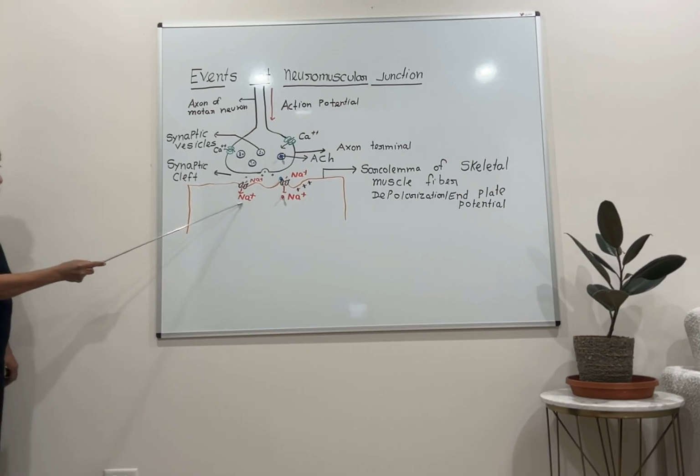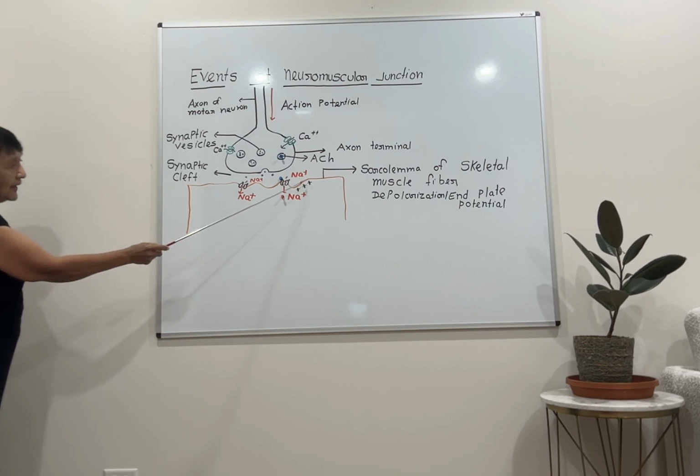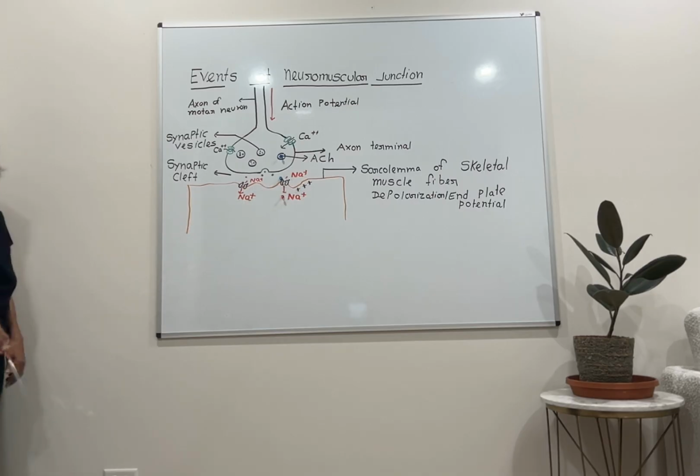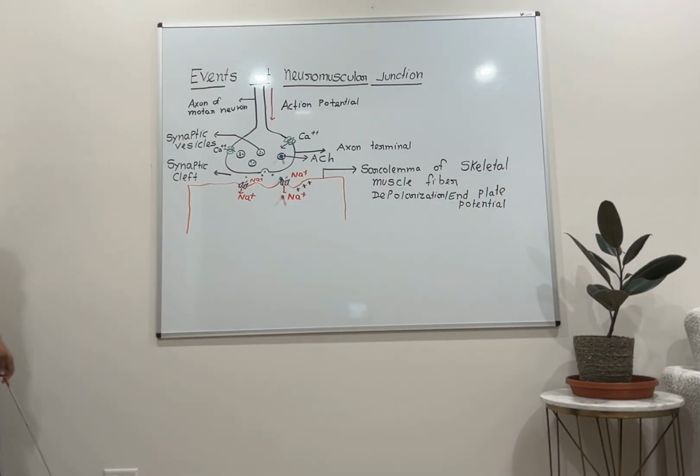Entry of sodium ions into the muscle fiber causes a local depolarization. See, the inside of the sarcolemma becomes more positive. That is local depolarization, or it is known as end plate potential.